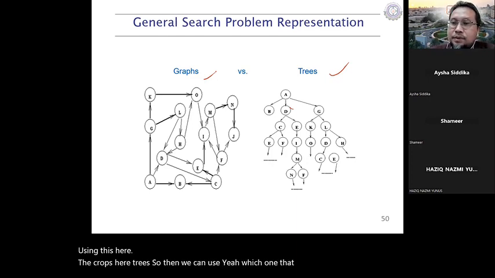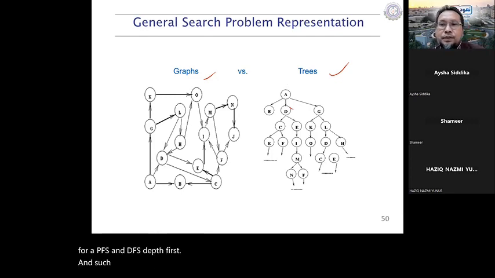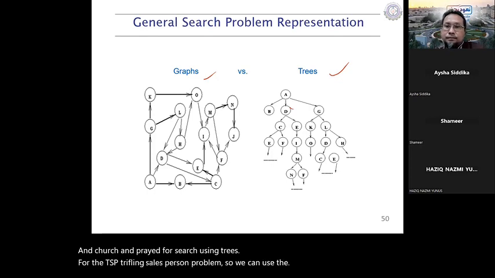For example, for DFS and BFS, depth first search and breadth first search, we use trees. For TSP, the traveling salesperson problem, we can use a graph.